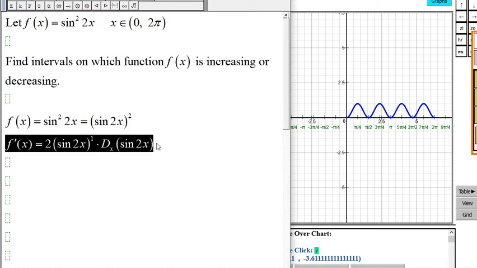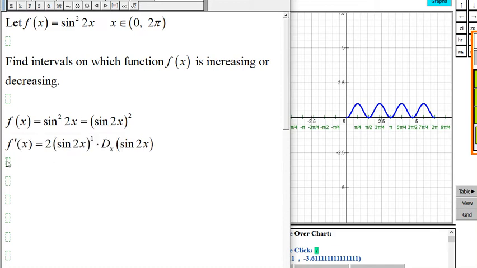And then we have to do the derivative of sine of 2x. For the derivative of sine of 2x, we have to use the chain rule again. This time, let u be 2x. And so this becomes sine of u, and the derivative of sine of u is cosine of u.